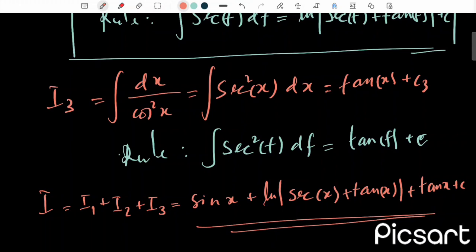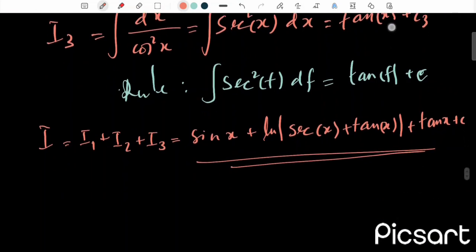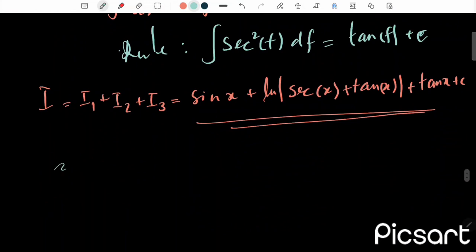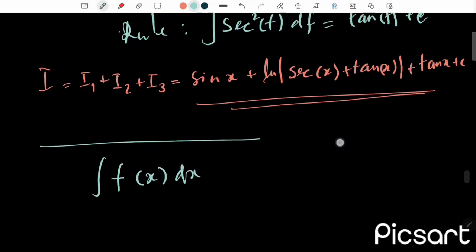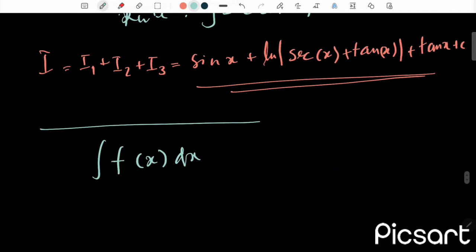Again, we were solving integrals by decomposition, which means that we had in our integral a function f that is hard to solve directly.